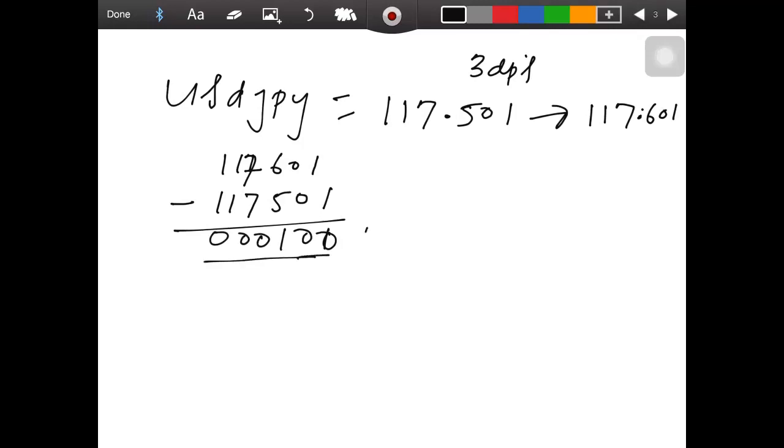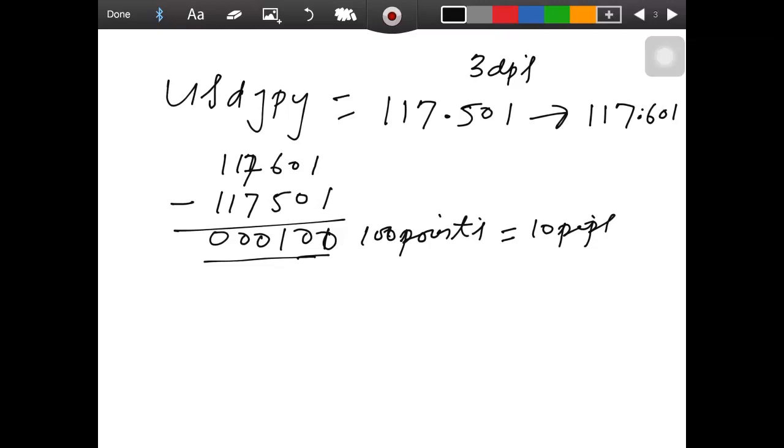That simply gives you 100 points, and of course you should know by now that 100 points equals 10 pips. So the movement from 117.501 to 117.601 is 10 pips.